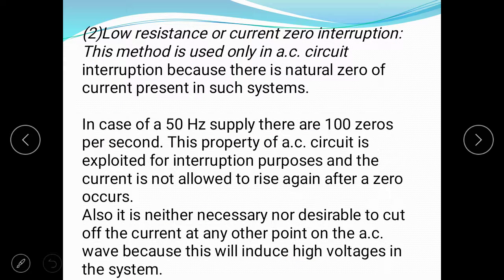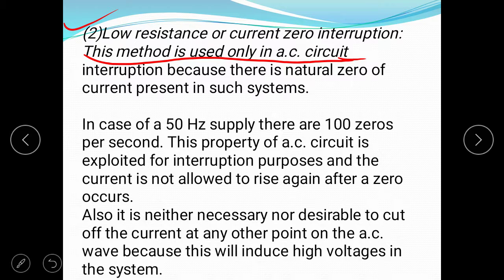Second method is the low resistance method or current zero method. This is the most important.